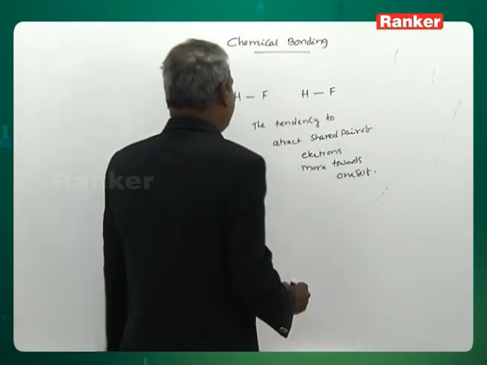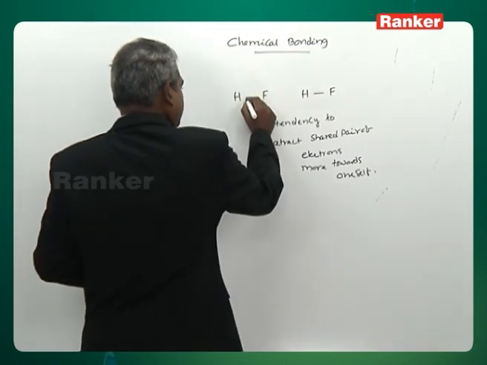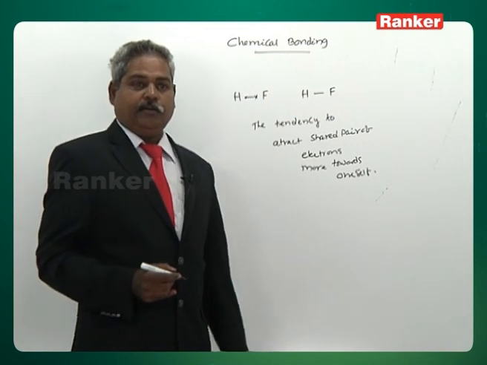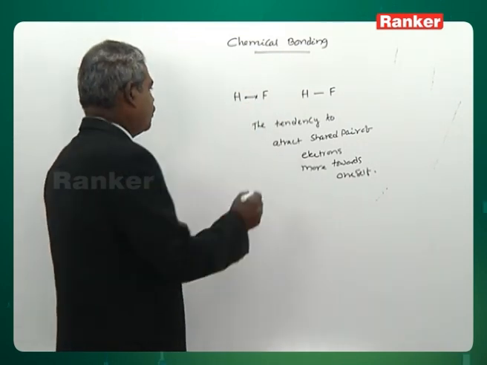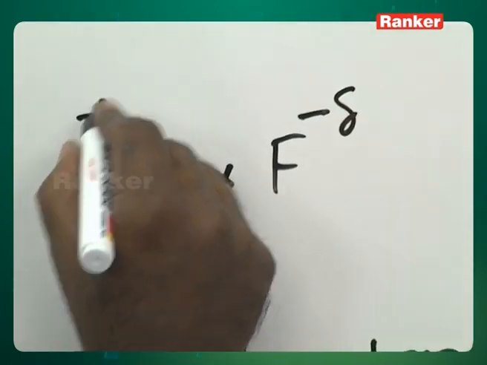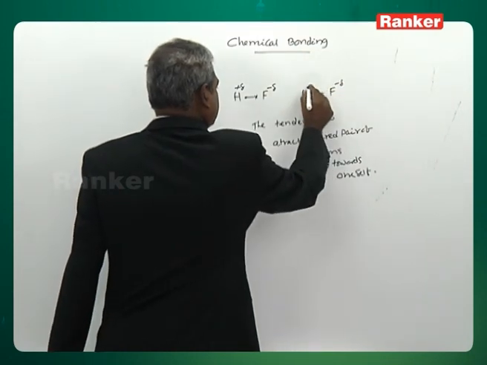These 2 electrons belong to both hydrogen and fluorine equally, but fluorine wants to enjoy a lion's share of it. Therefore, it becomes minus delta, plus delta. And here this fluorine also minus, plus.